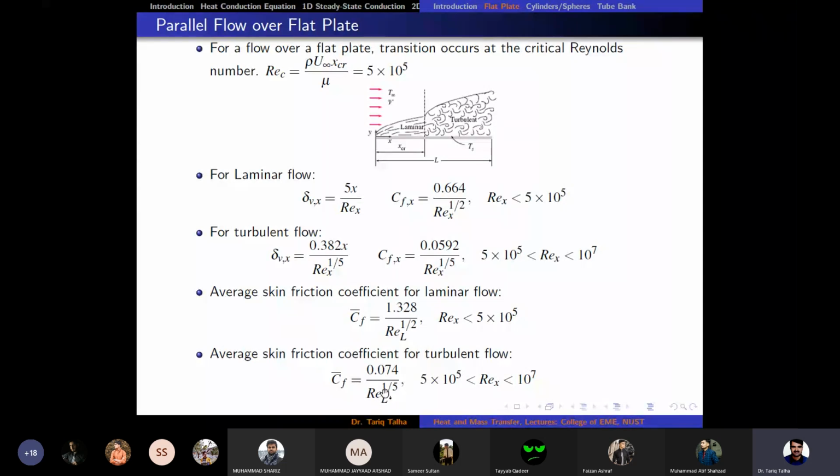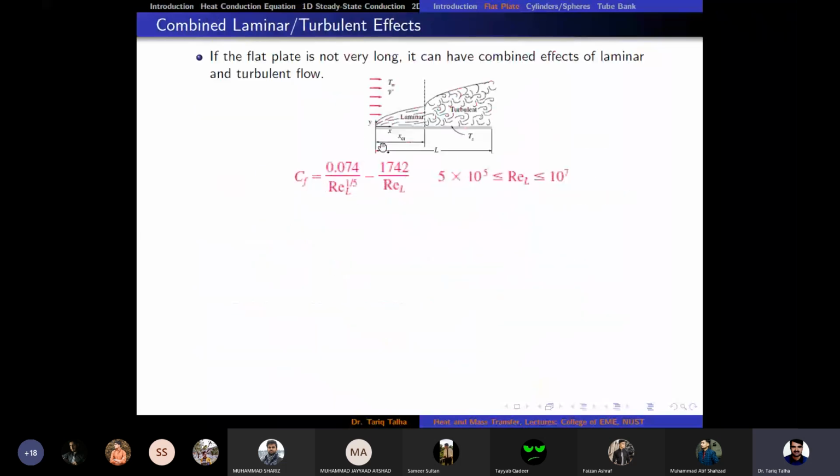Now if you see here, we are subtracting something from that. So we are decreasing the friction coefficient. This thing which is being subtracted is the contribution of the laminar region, because in the laminar region the drag force would be less. So we are considering that laminar region and decreasing the overall friction coefficient, because this first term is only for the turbulent flow.